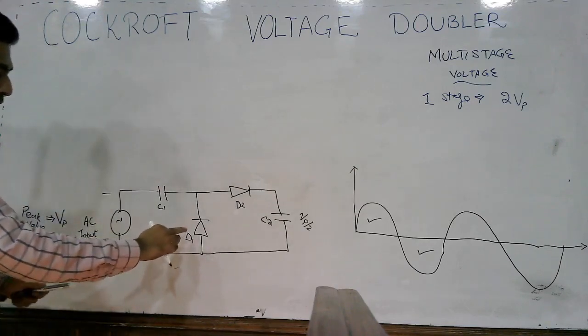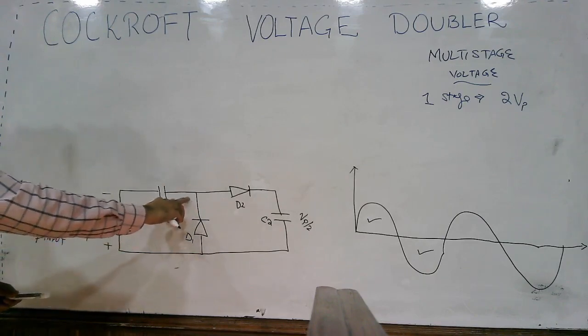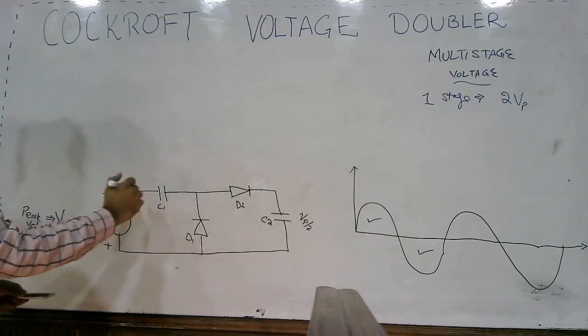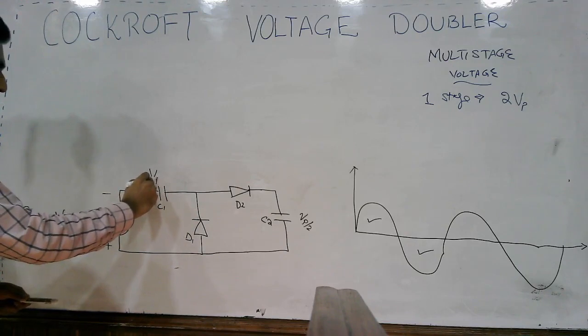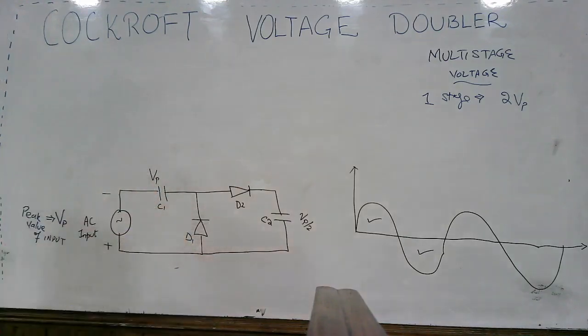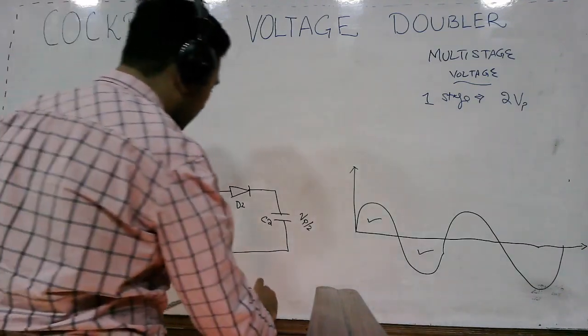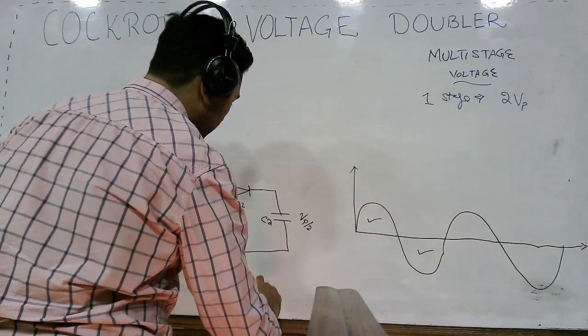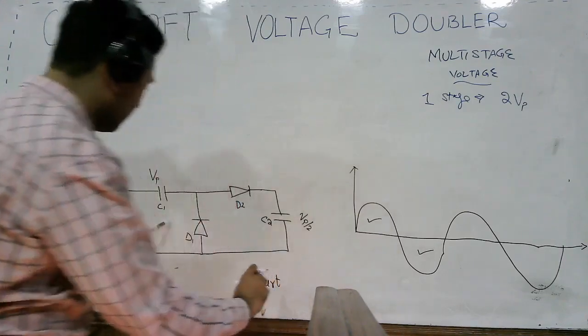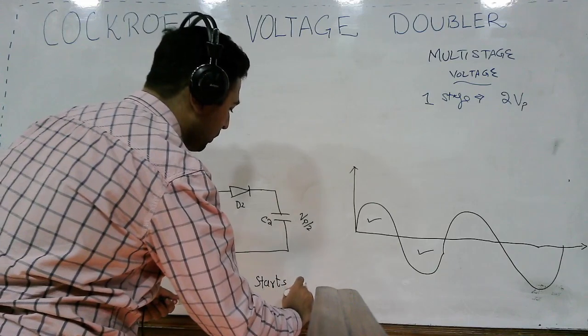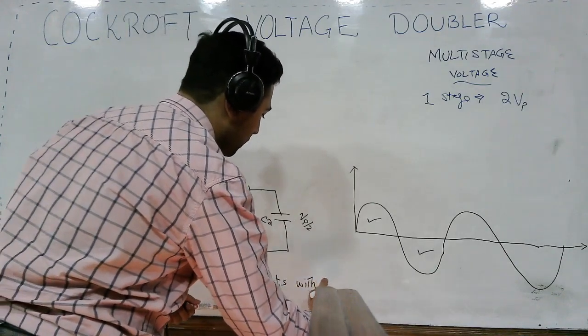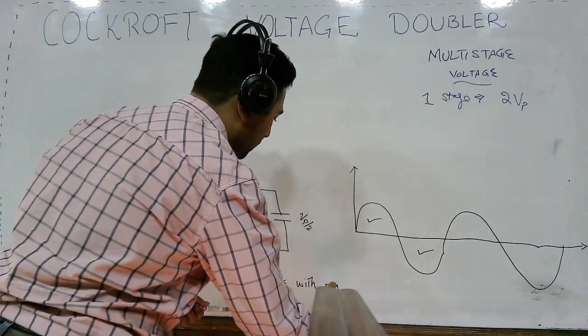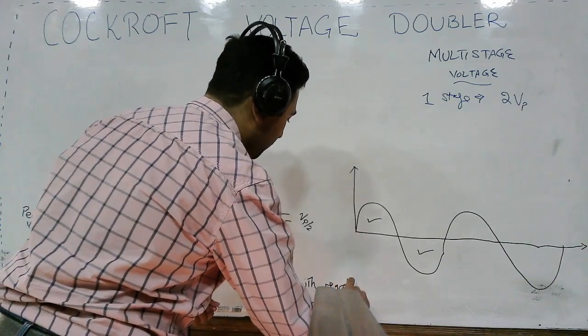This diode D1 is forward biased and the capacitor C1 is charged to the peak value, and diode D2 is reverse biased. And that is why we said that this specific circuit starts with the negative half.